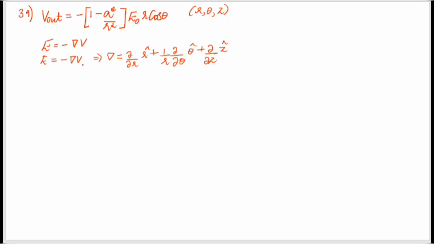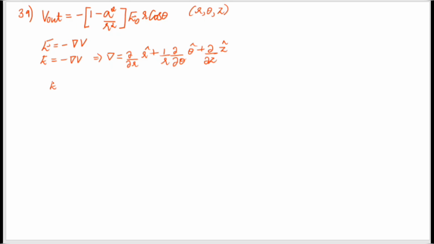So we need to find the gradient of V, the gradient of this potential. They have given it in product form. In the question they have given a negative, and the electric field is the negative of grad of V, so negative of negative will be positive.